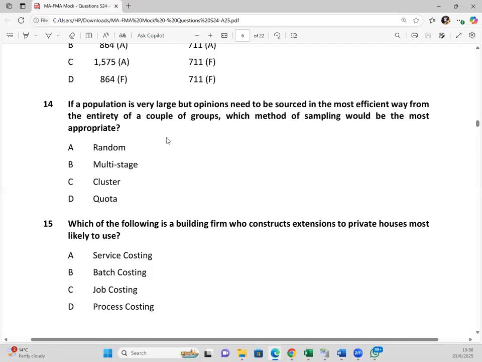Because quota sampling and cluster sampling, there is, okay. Let's just come here and do this.